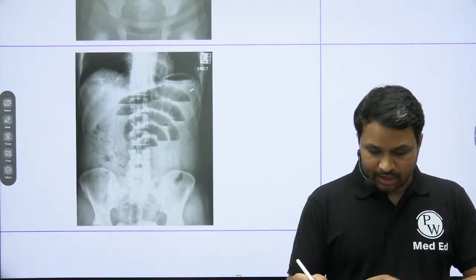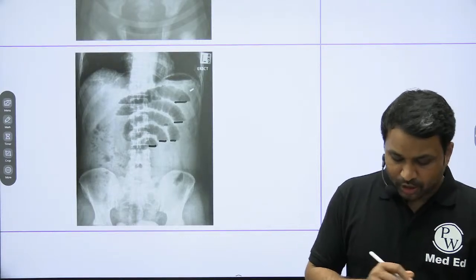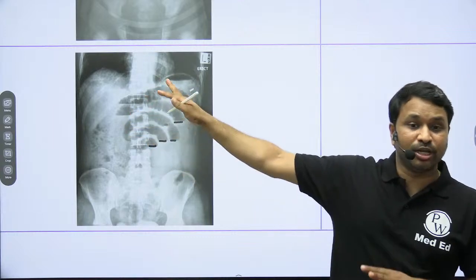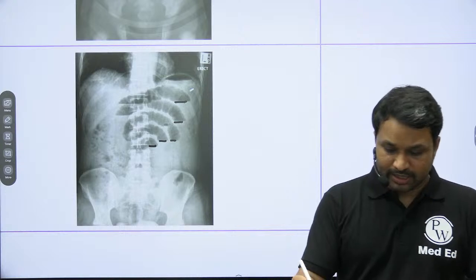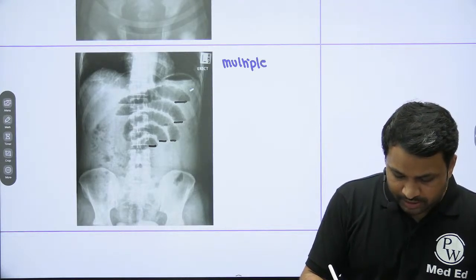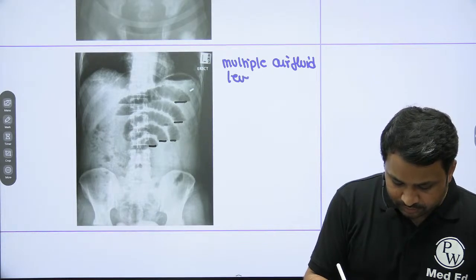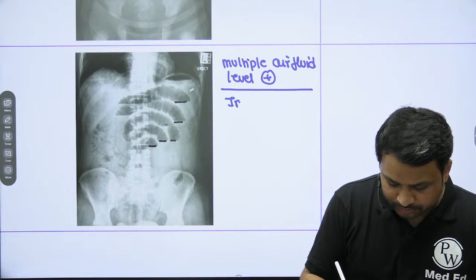Now you see here, there's a step ladder pattern, multiple air fluid levels are there, and you can see the valvulae conniventes. So I know it is a jejunal obstruction that has occurred. Okay? And the ileum is not visualized at all. So it is multiple air fluid levels. Presence of multiple air fluid levels indicates intestinal obstruction.